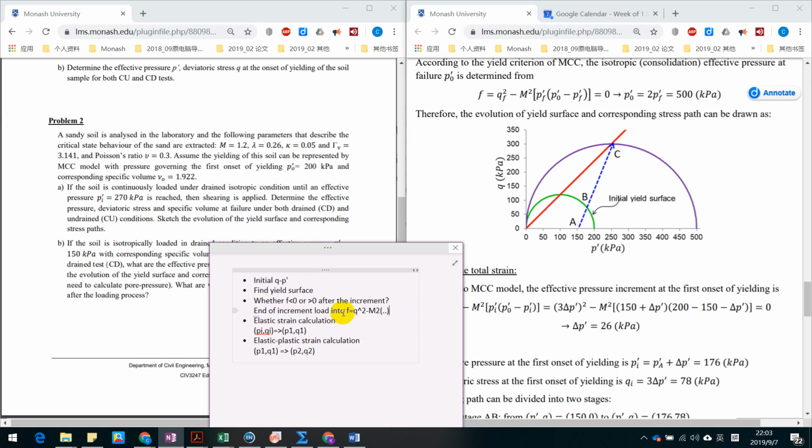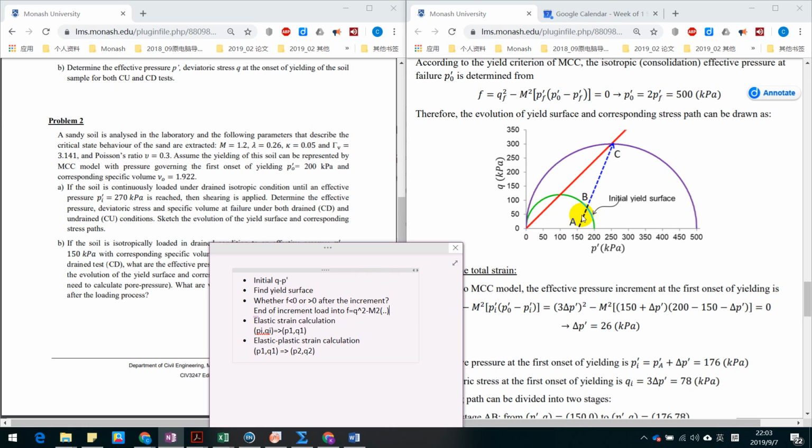This yield function is determined from this, and we plug the end of increment load, Q and P dash, into this function. And in this problem, we found that there are two stages.